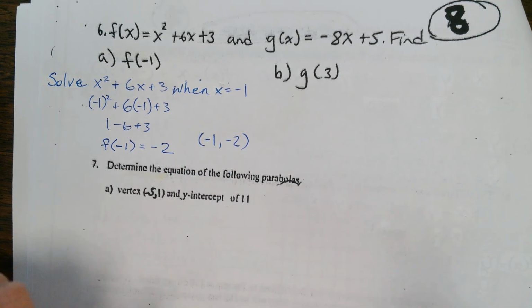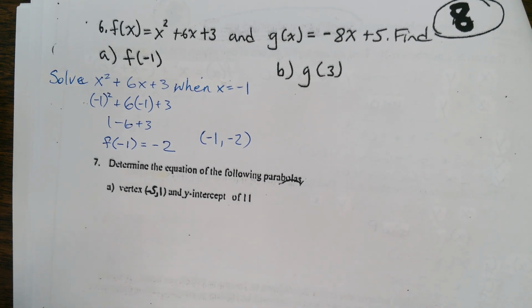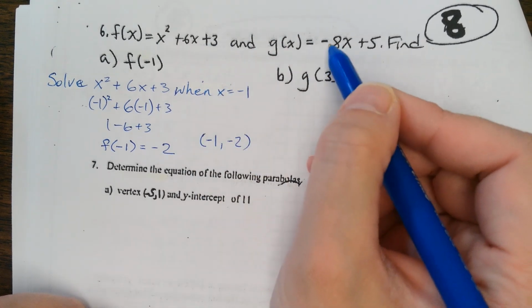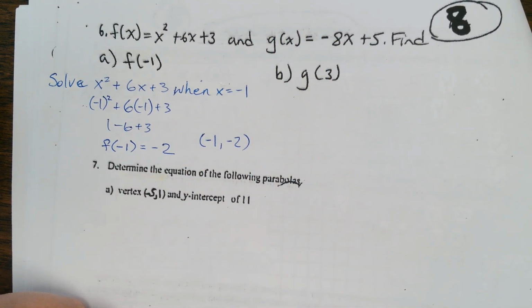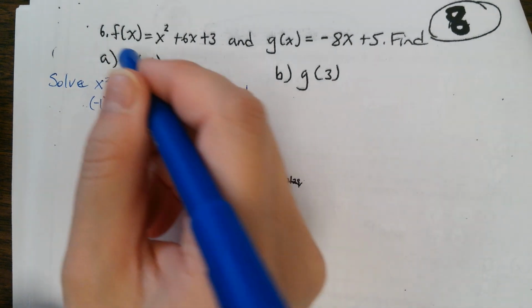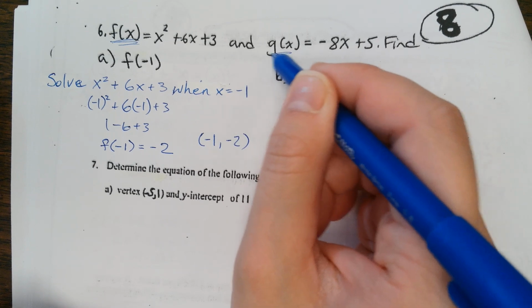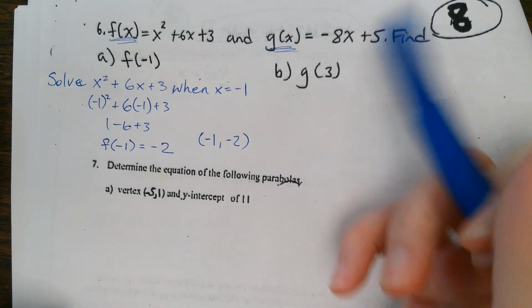So why in grade 11 do we use this instead of just y equals? Because you might be dealing with 4 different graphs on one, 4 different lines or parabolas in one graph. So that's why they have f at x, g at x, to show that this is this parabola, this is this parabola, this is this line, and so forth.